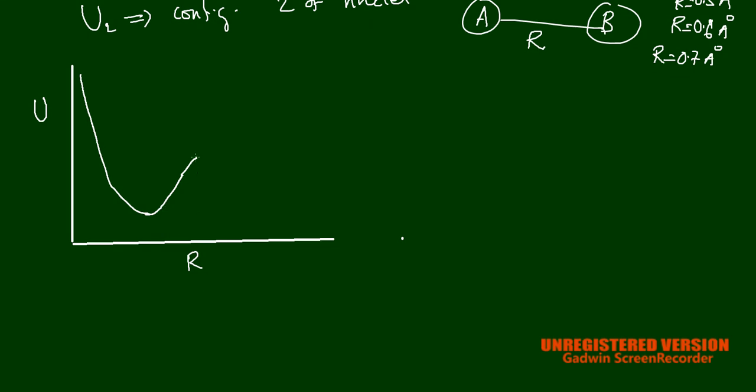Once the bond breaks, we have only atomic constituents. We have atom A and atom B, and these two are independent atoms. Once they are independent, the U will be the sum of the atomic energies.